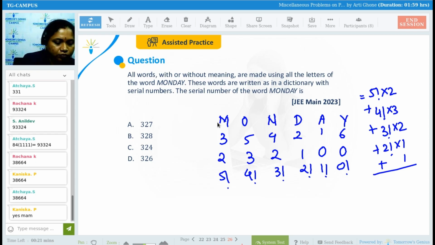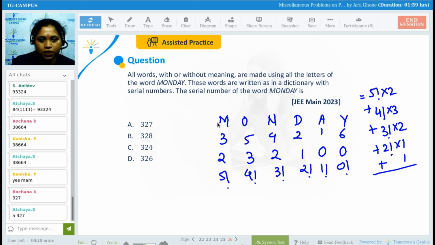Done? Yes, option A is the correct answer. 327 you are getting, 327 as a rank.